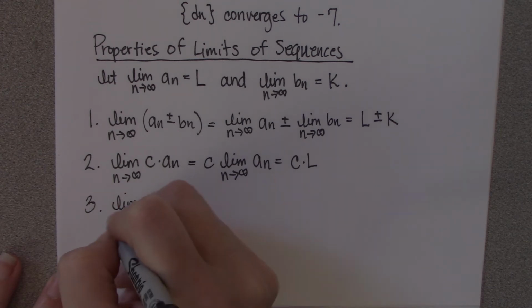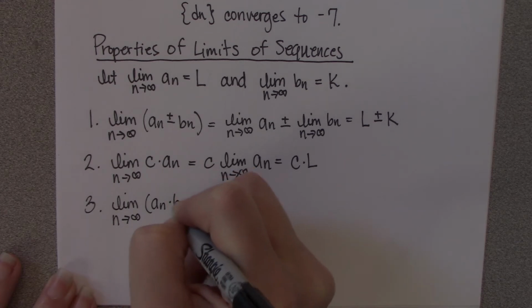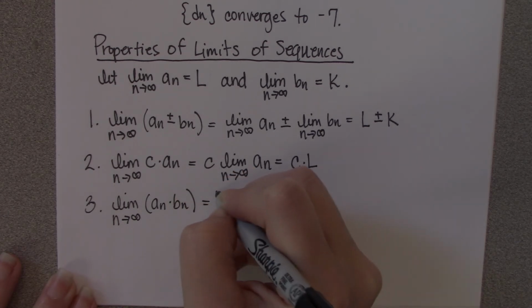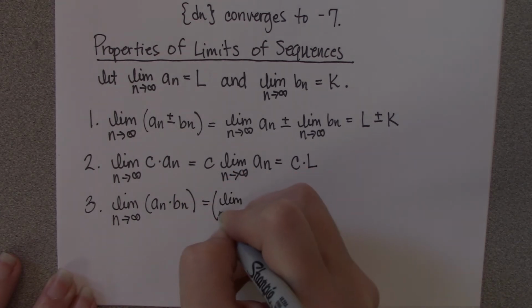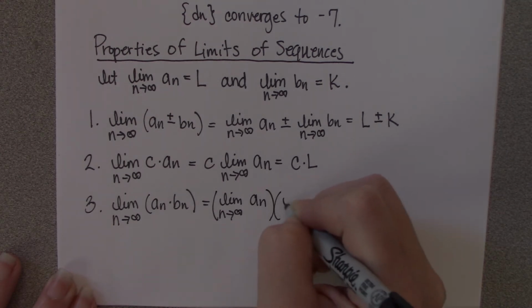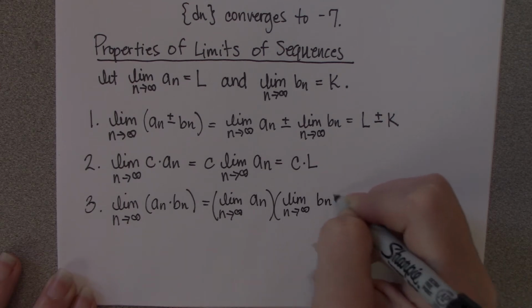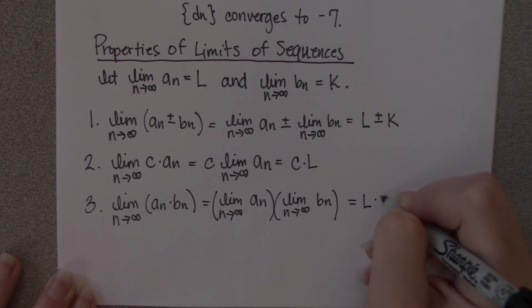If we multiply two sequences together, well then I'm allowed to take the limits individually and then multiply their results.